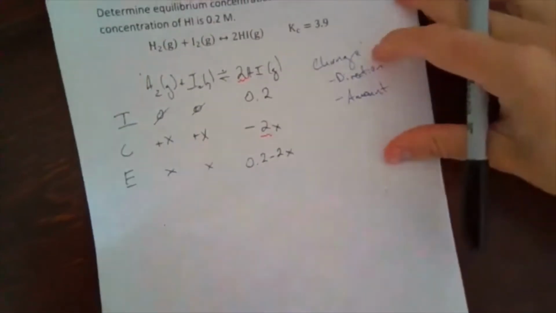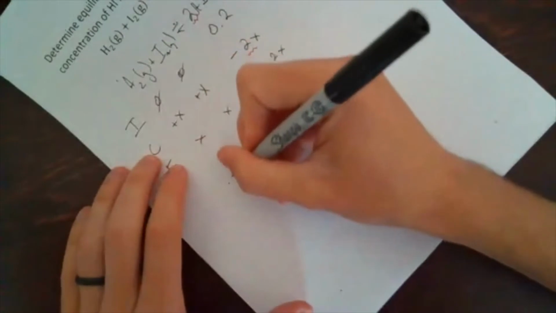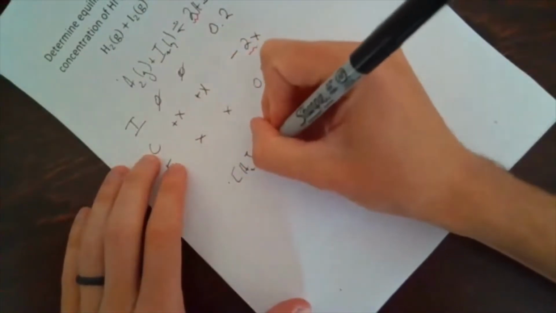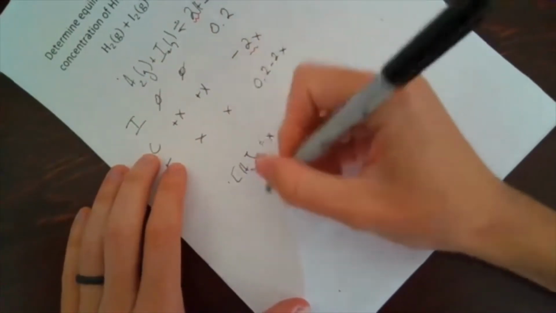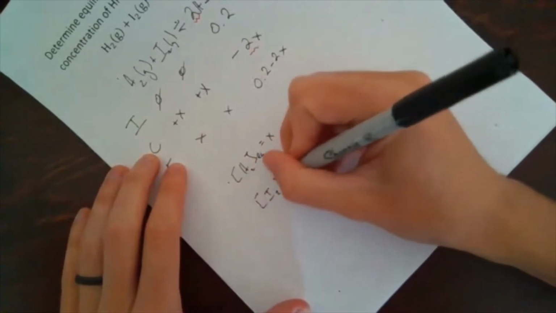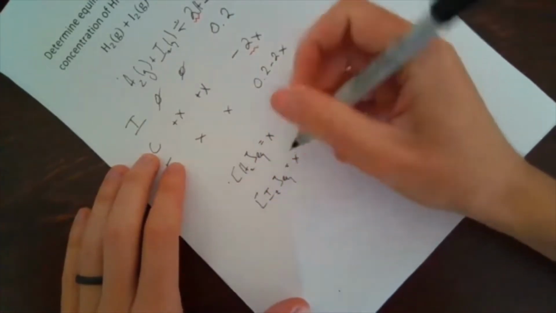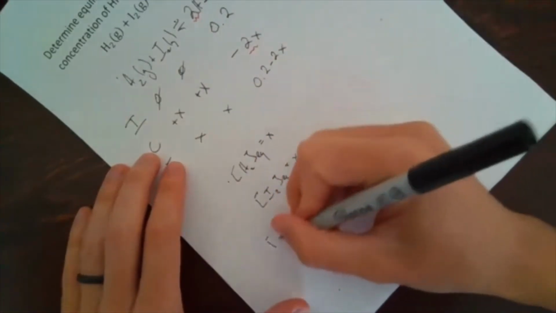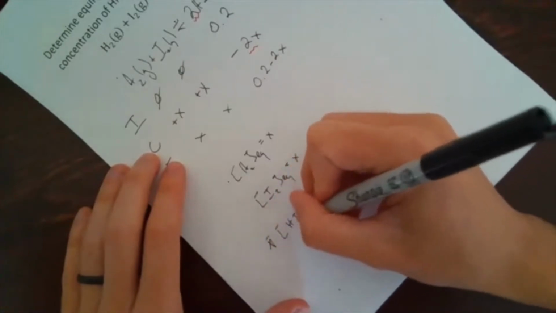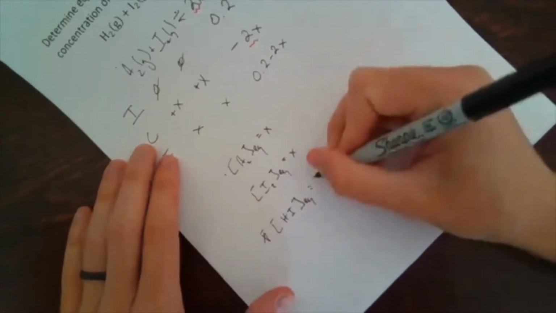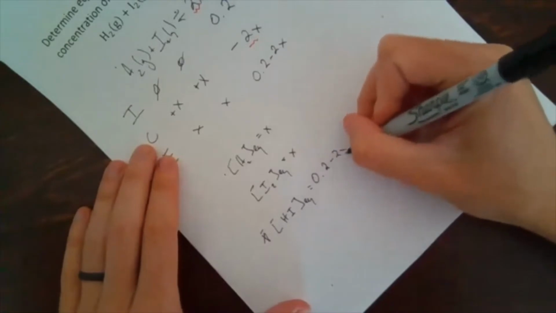The whole point of the ICE table is it now gives us this relationship that tells us that the concentration of H2 at equilibrium is going to be x. The concentration of I2 at equilibrium is just going to be equal to x. And the concentration of HI at equilibrium would be 0.2 minus 2x.